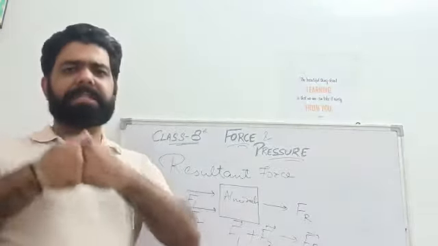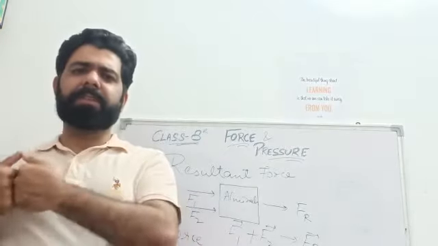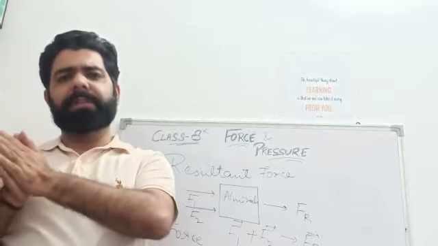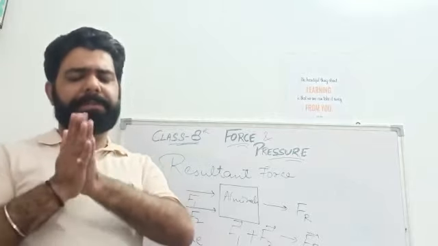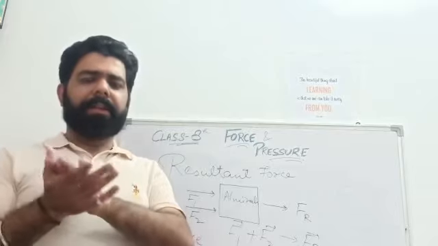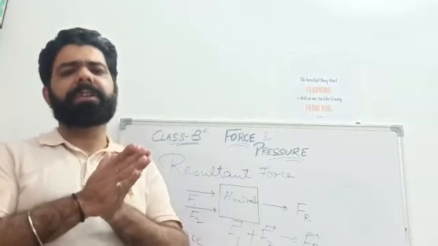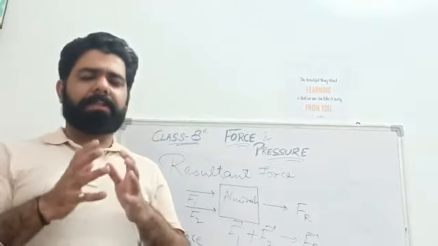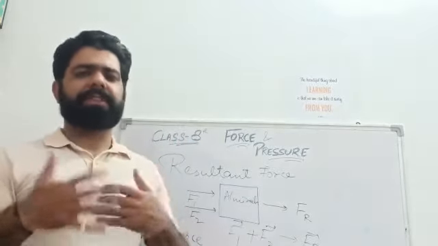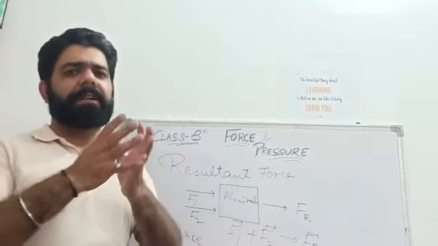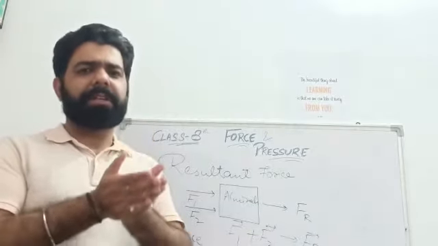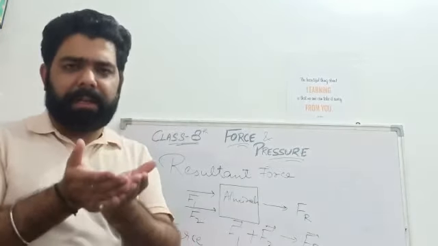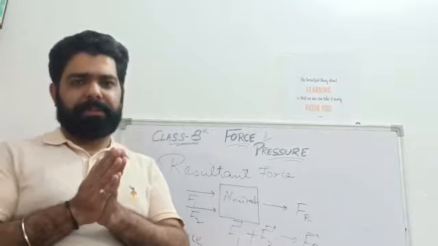This slows down the speed of the ball, and after some time the ball will stop. So this is how the friction force acts. Whenever any object is in motion, it always has some friction force in it.